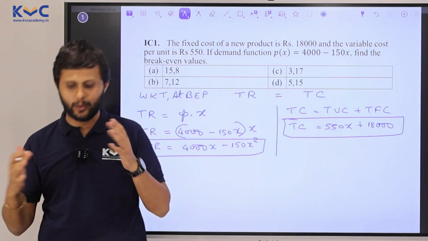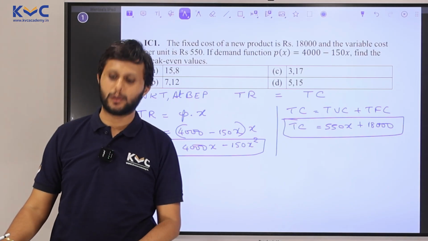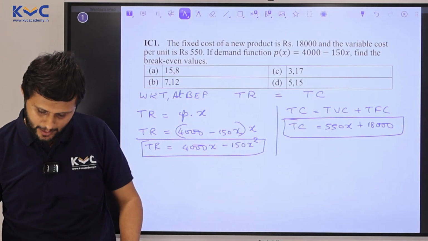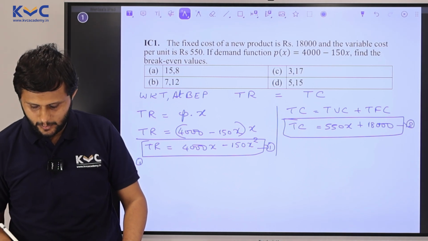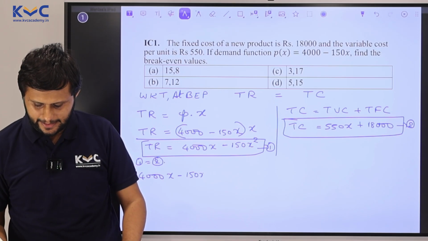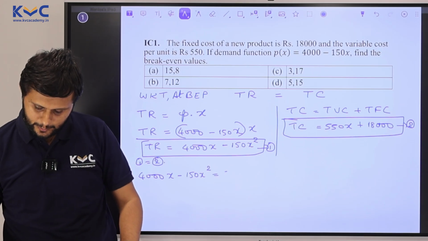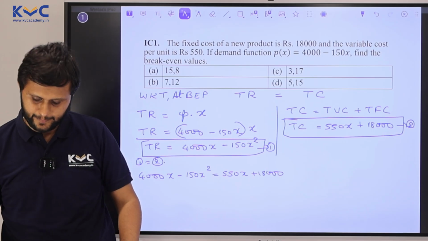Now I have to equate one to another. Why? Because at break even point, total revenue is equal to total cost. So I will take this as 1, I'll take this as 2. Now 1 is equal to 2, so I get 4000x minus 150x square is equal to 550x plus 18,000.